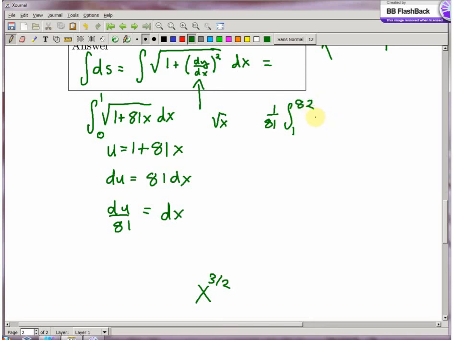Alright, and so we have replaced this stuff under the radical with u. So what we have now is the square root of u, du. Alright, so this becomes 1 over 81 times u to the 3/2 over 3/2, and we're going from 1 to 82.